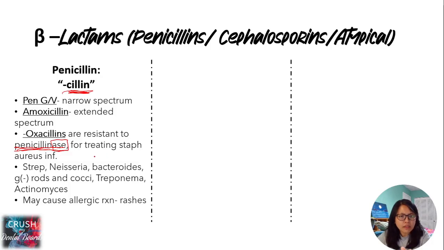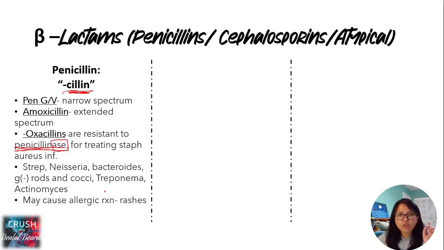Now, examples of bacteria that the penicillins would be good against: streptococci, Neisseria, Bacteroides, usually gram-negative rods and cocci. Penicillins can also affect Treponema and some Actinomyces species.